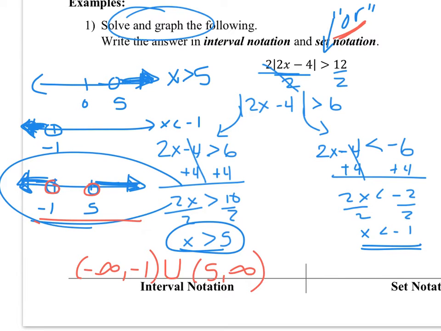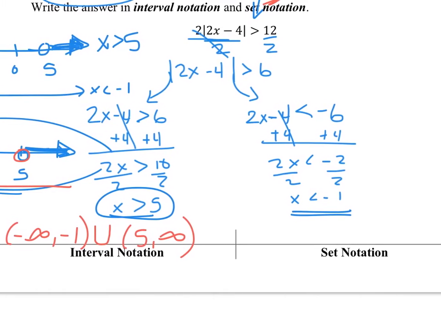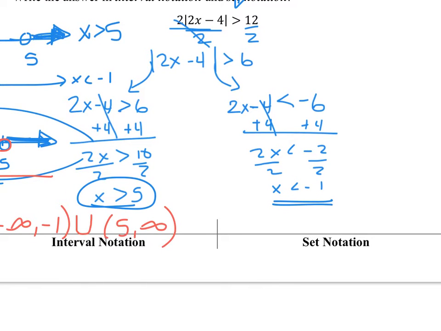Set notation is really just being able to rewrite these two things, this and this. So that's really all it is. With greater than, it's pretty straightforward. X is greater than 5, or X is less than negative 1. That's our set notation. If you want to get picky and put little curly brackets around it, make it more of a set. There you go.